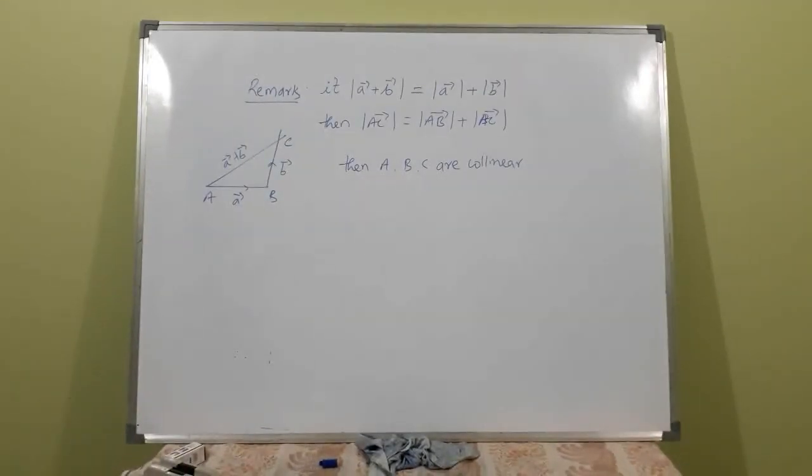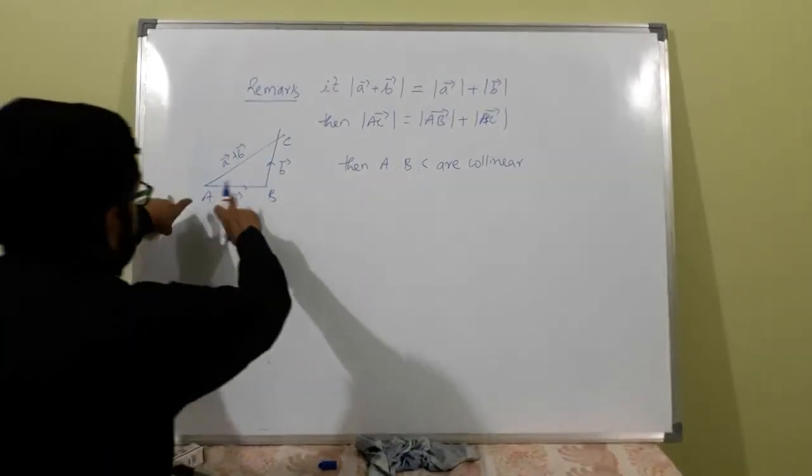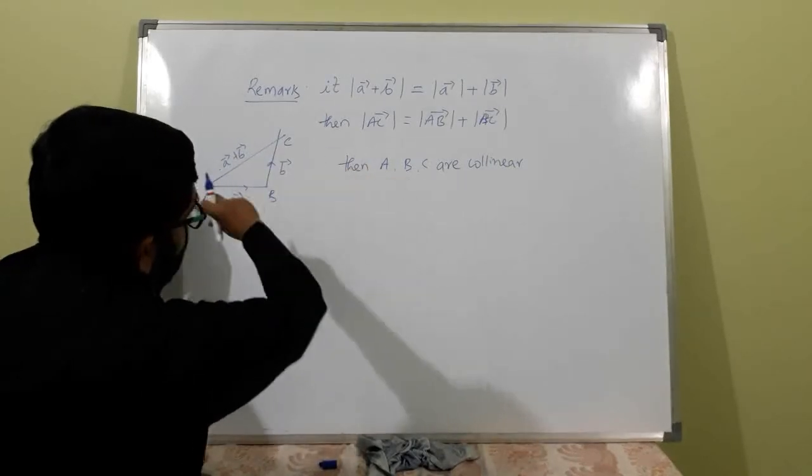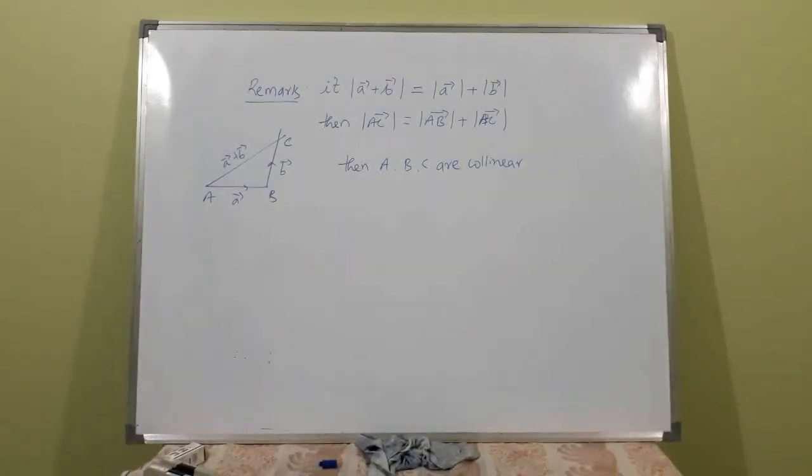That means A plus B, AC should become AB plus BC, meaning this should coincide with the AB plus BC. That is, A, B, C are collinear, or B is a point on AC.